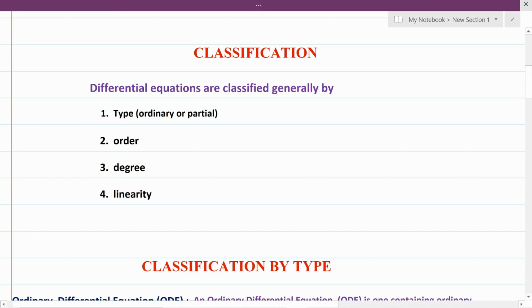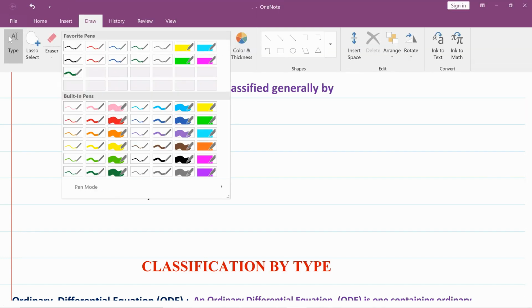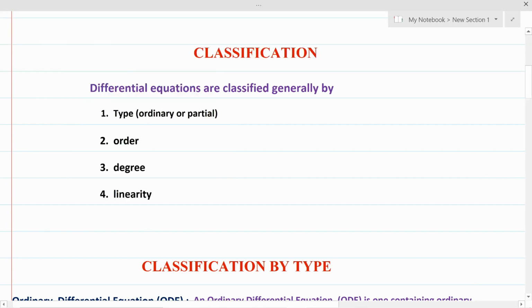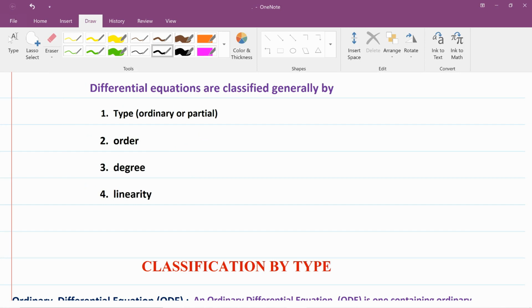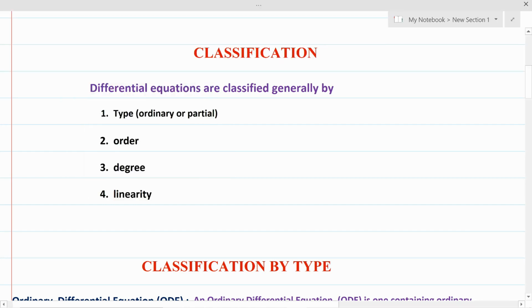I want you to take these parts seriously. The linearity: how do you know that a differential equation is linear? And also the degree and the order: how do I know the order of a differential equation?